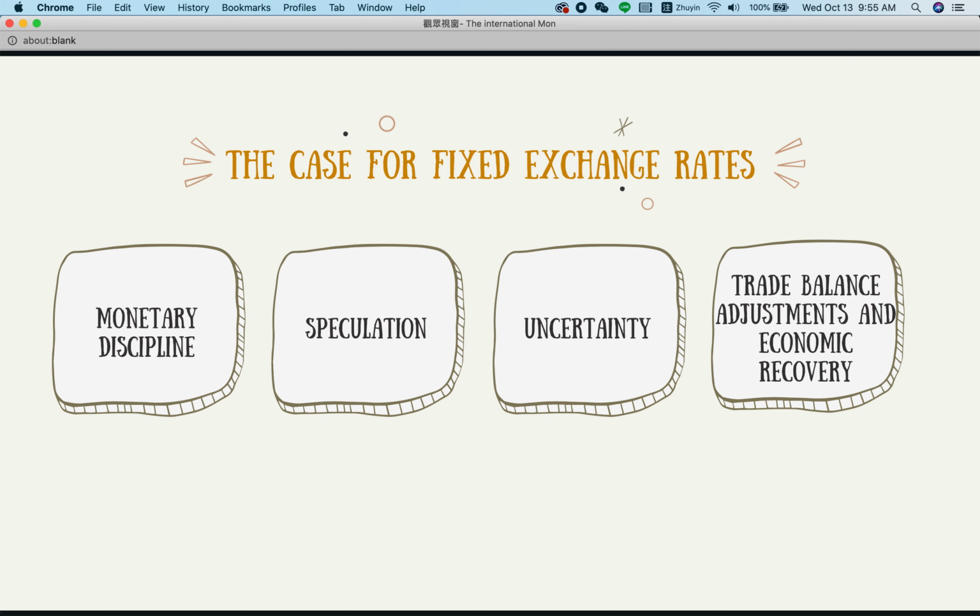A small change can jump on the bandwagon, and the expectations of depreciation are realized. Such speculation tends to amplify the fluctuations around the exchange rate's long-run values. It can damage the country's economy by distorting export and import prices.